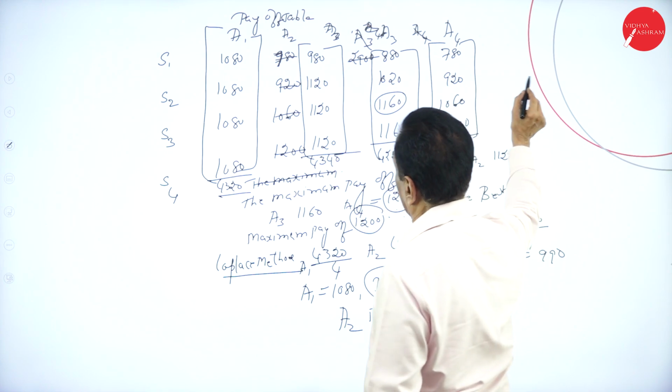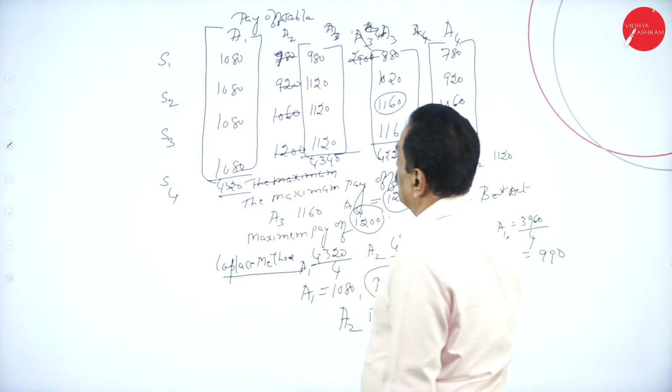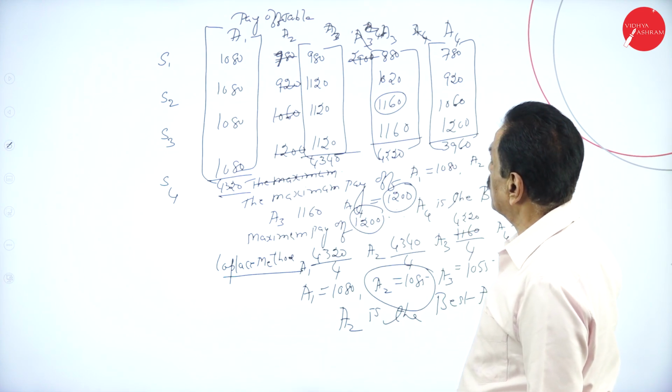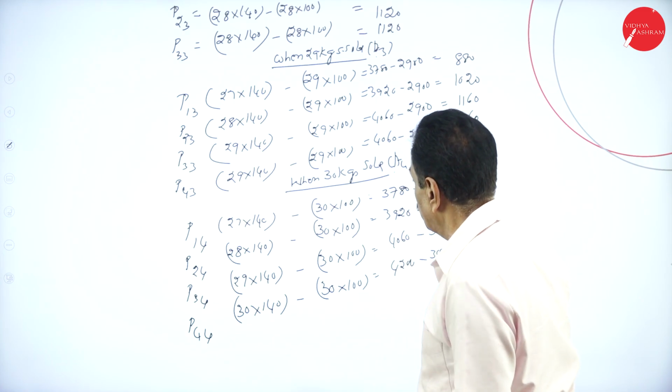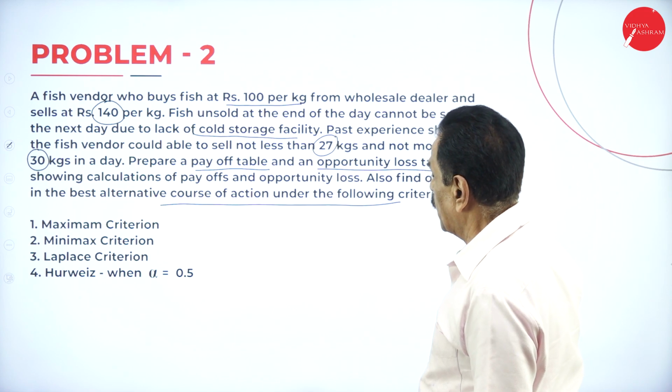If you go with row wise, which is the maximum payoff, 1080 into your alpha, 0.5.